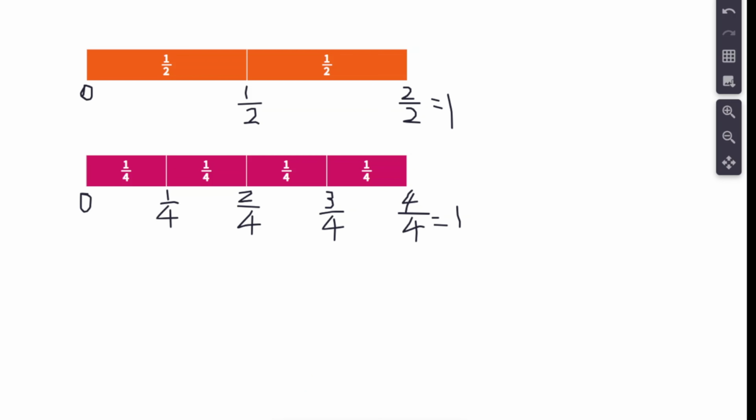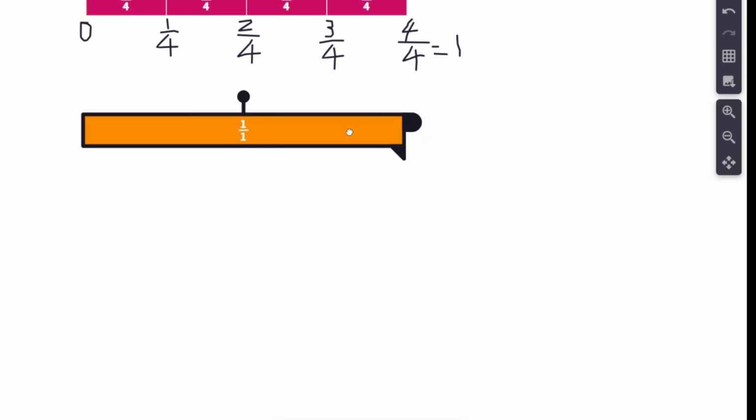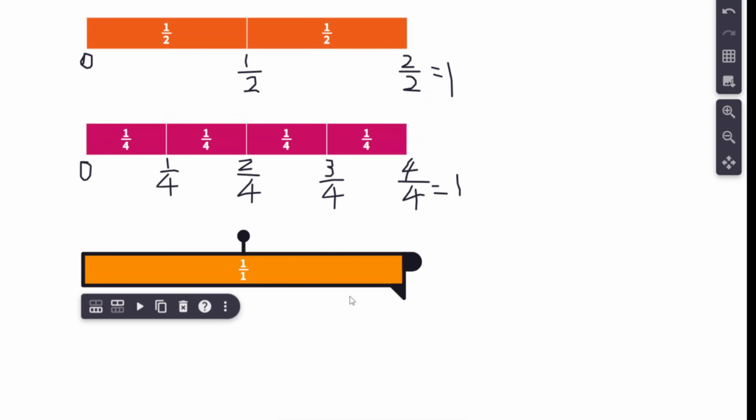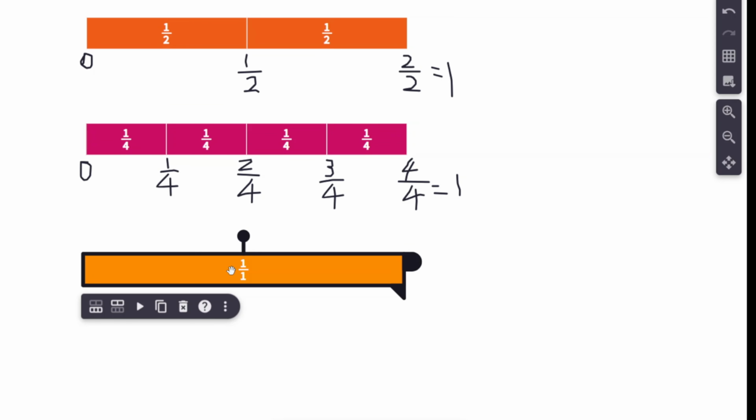Now I want you to pull out another strip of paper that you've cut. So we have a third strip of paper. With this strip of paper, I would like you to think of how you can cut this into eighths.